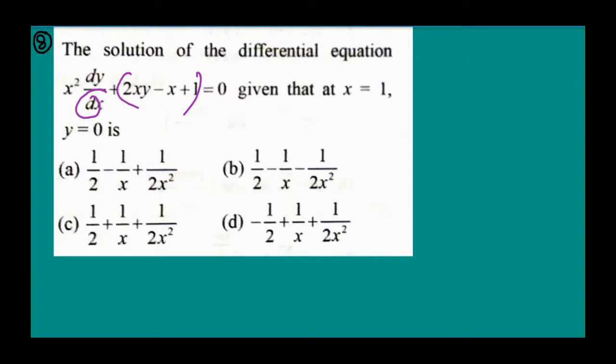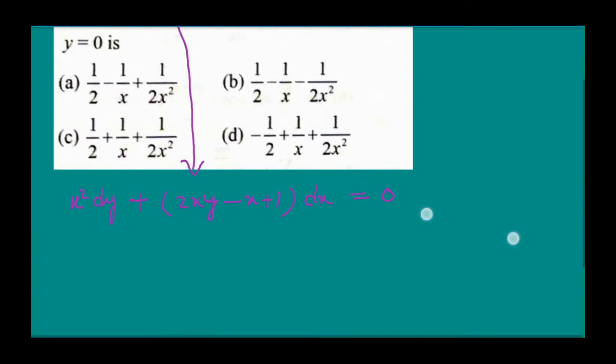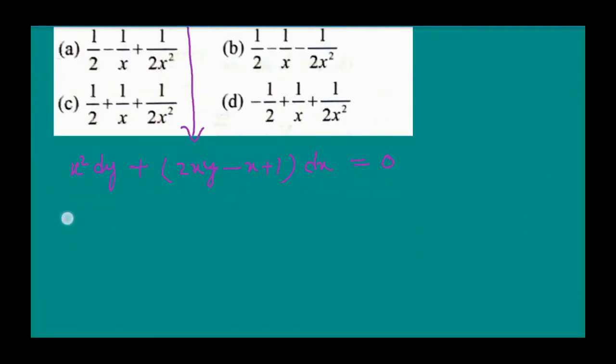So next question: this is the solution of the differential equation. The differential equation is given here, and we have to solve it. So I can write it as x² dy + (2xy - x + 1) dx = 0.